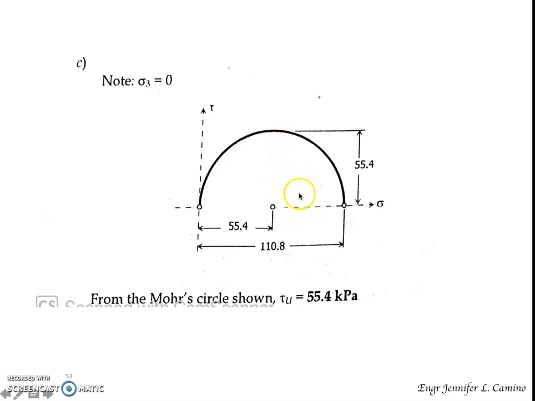Here sigma sub 3 is 0, sigma sub 1 is 110.8. So if we try to get the radius, this is the center, so you get the radius of 55.4. So therefore, our undrained shear strength is 55.4 kilopascal.